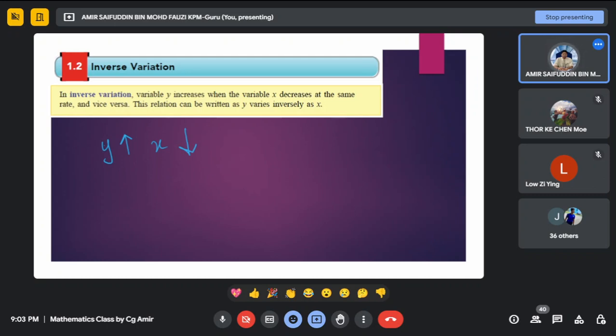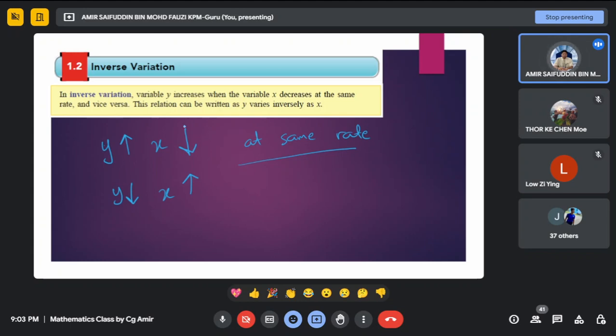Y going up, x going down, at the same rate. So the keyword here is at the same rate. And vice versa, y decreases, x increases.